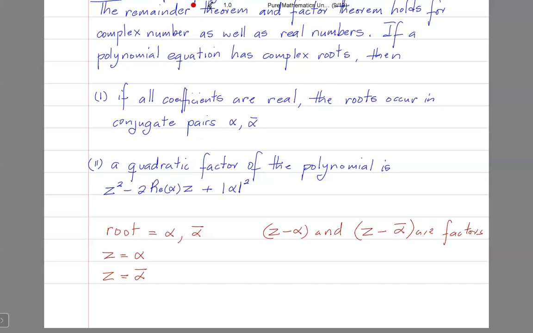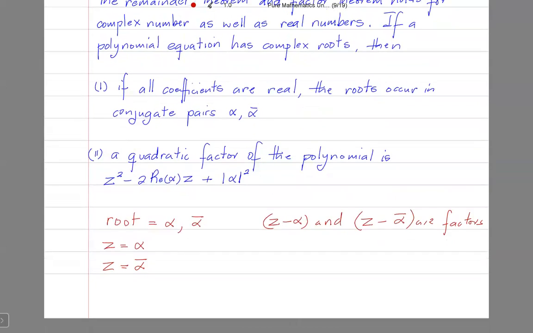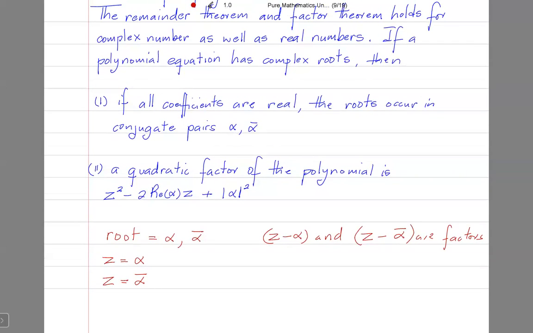All right. So it means therefore that if z minus alpha and z minus the conjugate of alpha are linear factors, by multiplying them together, I could get a quadratic factor. So z minus alpha multiplied by z minus the conjugate of alpha.